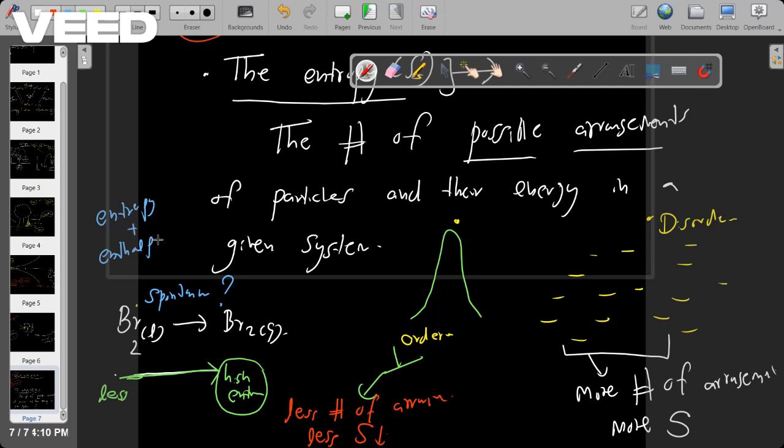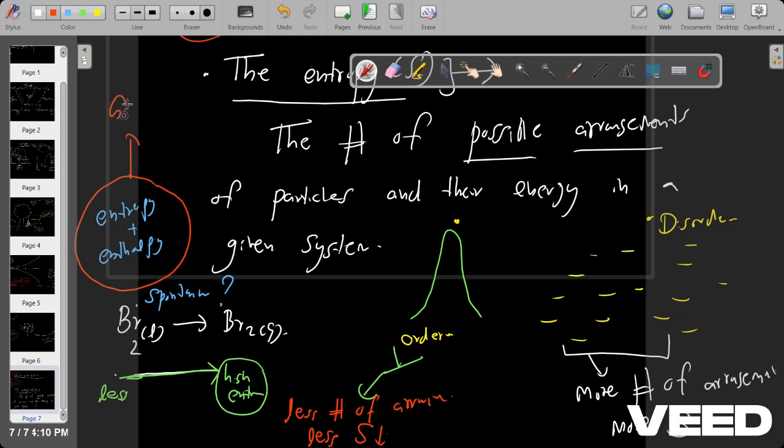Later we are learning something called Gibbs free energy. By looking at Gibbs free energy only, you can tell whether it is spontaneous or not. We have to combine entropy and enthalpy together and get a value called Gibbs free energy.